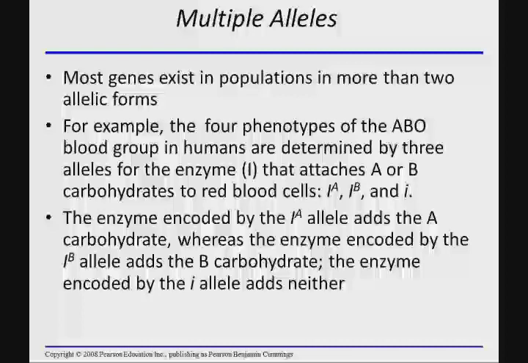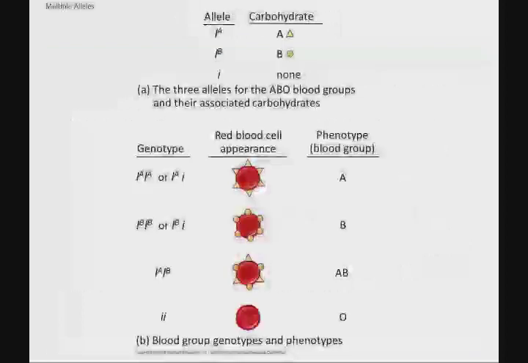So A and B are both superscripted, so they have a codominant relationship, but i to either one of those is recessive. So when you look at that, you can phenotypically be A, B, or O.